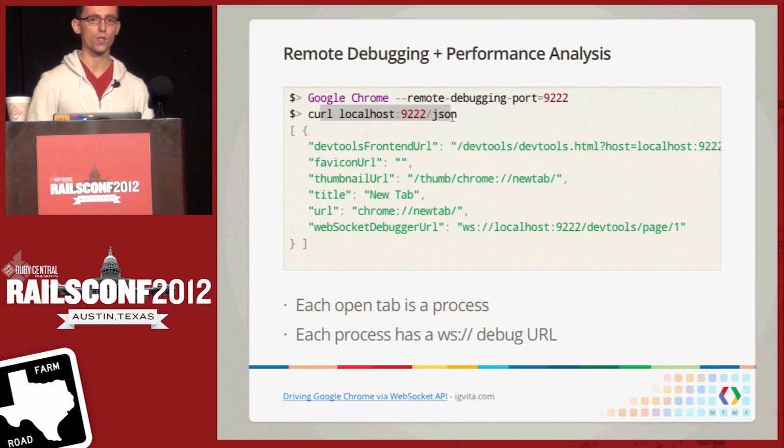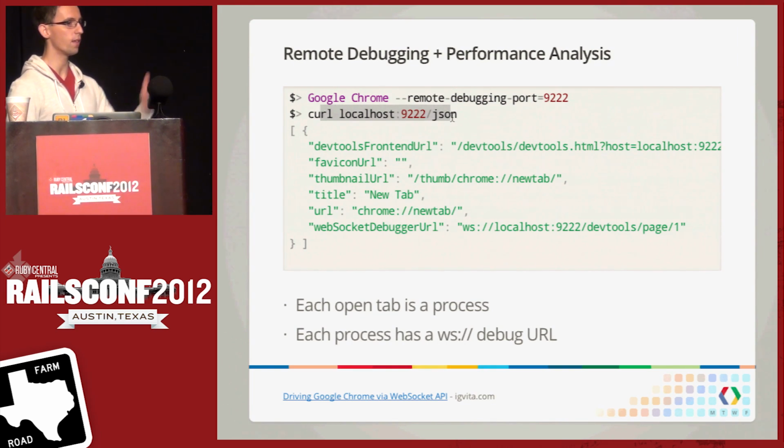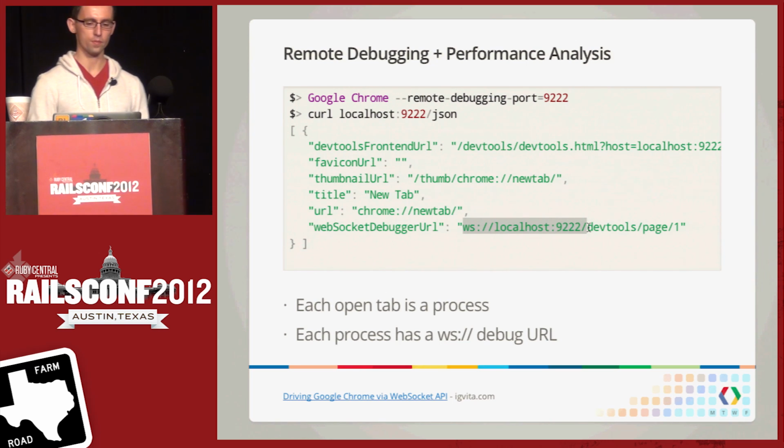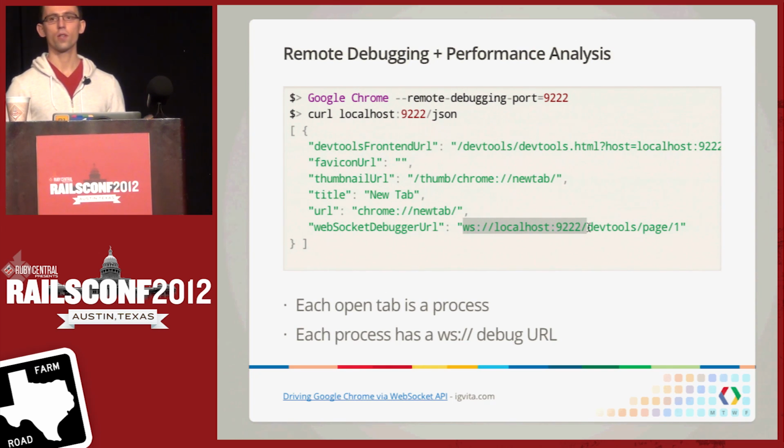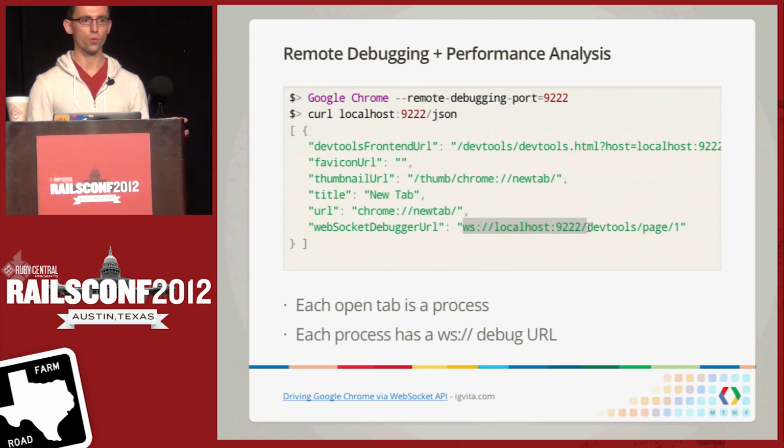What we can also do is, let me close this, Chrome also exposes a JSON endpoint that lists all the tabs. And one thing you'll notice here is it's giving you this WebSocket debugger URL. So what is that? Turns out, because the Chrome DevTools is actually just a web app, right? And actually, let me see if I can show you.